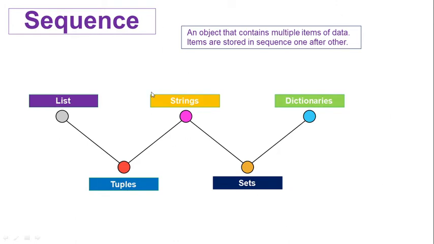And all the sequences occupy positions like, just consider list. You can see L is an element, I is an element, S is another element, and T is another element, right? This is what contiguous memory location is.